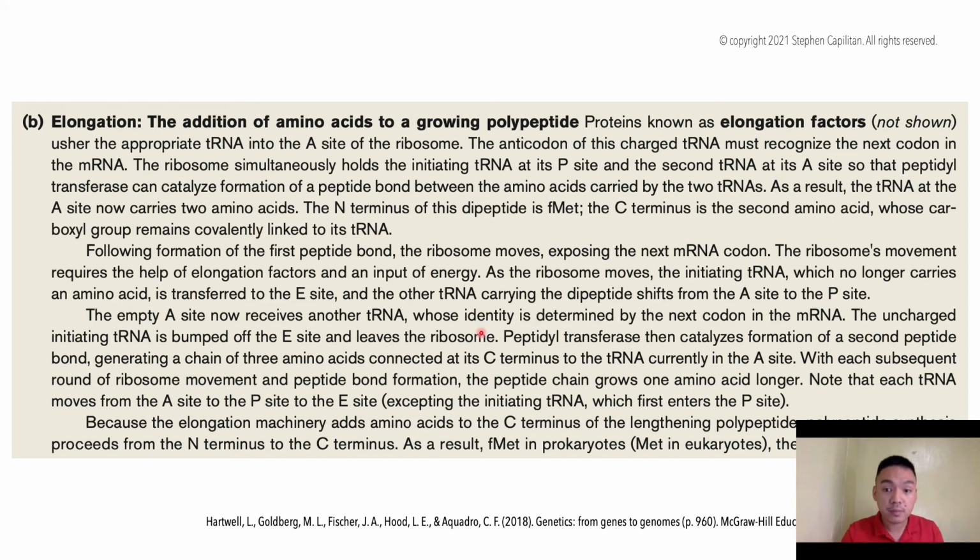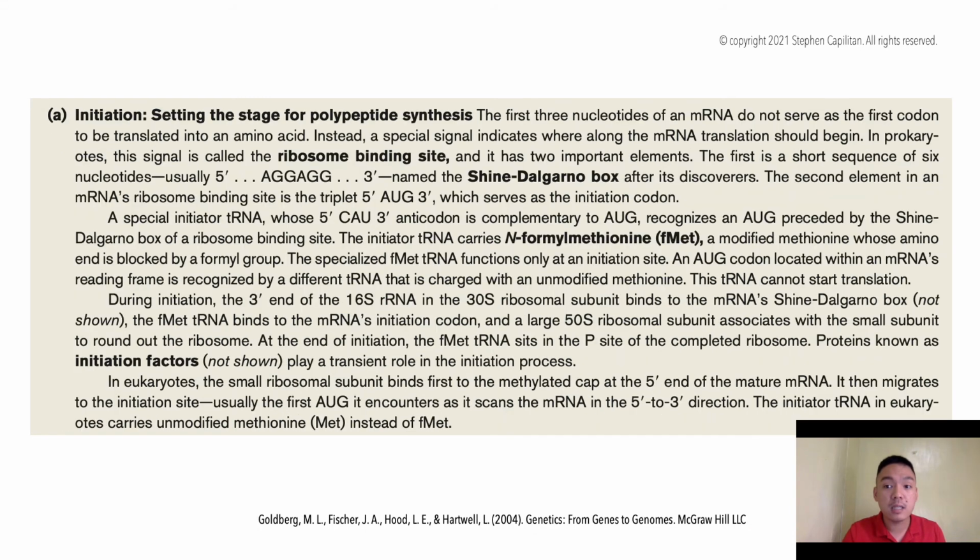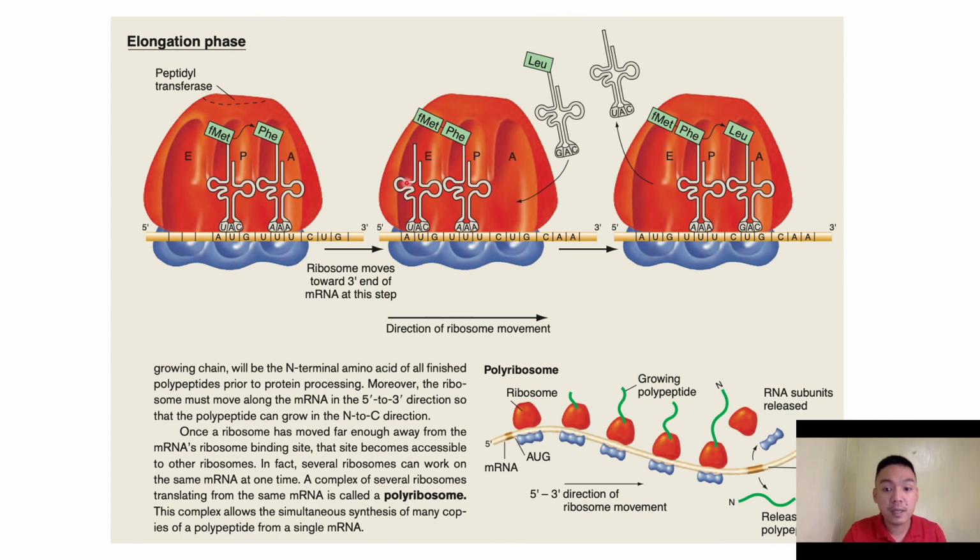This is a very simple process, as we showed in this figure. In this elongation phase, this phenylalanine will grab the F-met once it reaches your P site. So this phenylalanine will pull your F-met, and it moves forward to the P site.